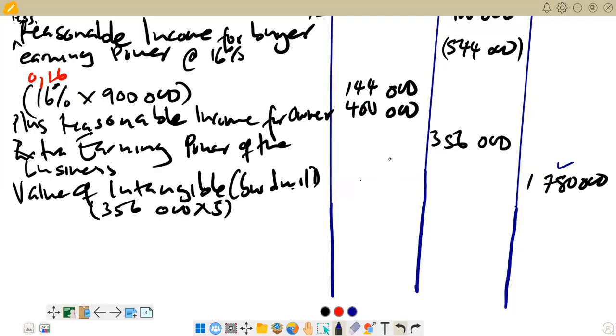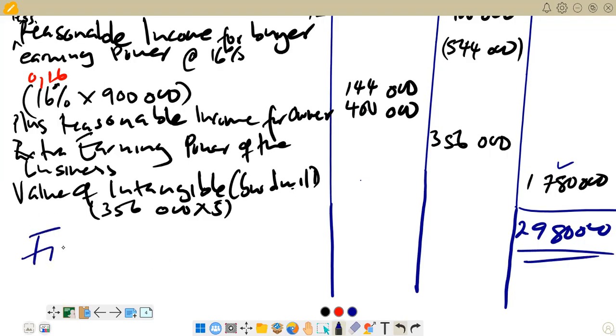So if you say the tangible net worth, which is 1,200,000, then you add to this one 1,780,000 for the intangible, which is the goodwill, the total that you get there is going to be 2,980,000. So this figure is the final price that we're calculating.